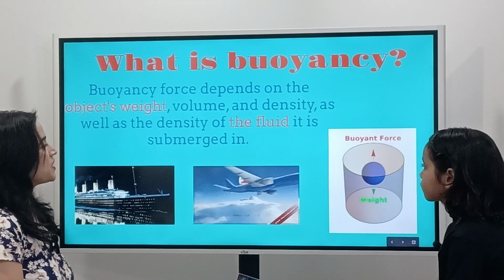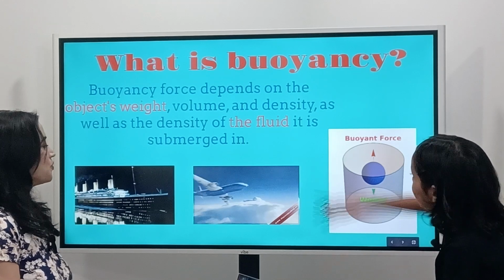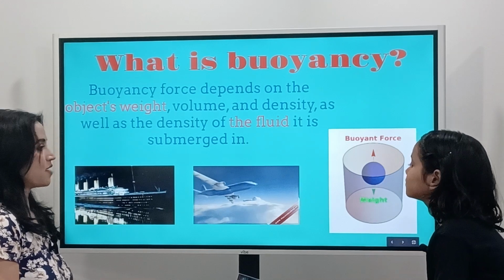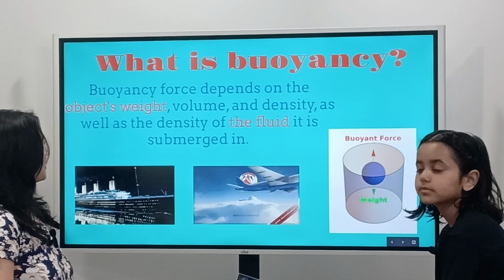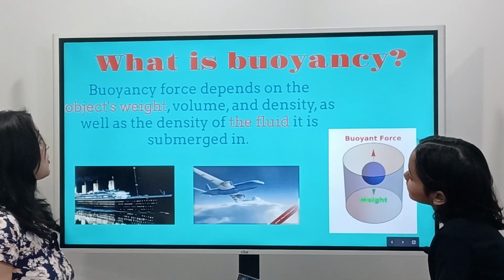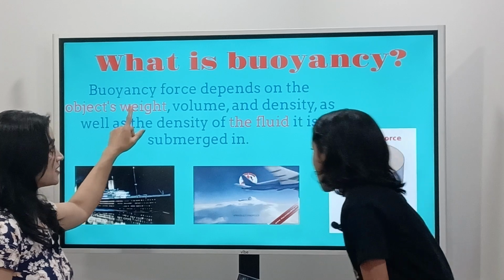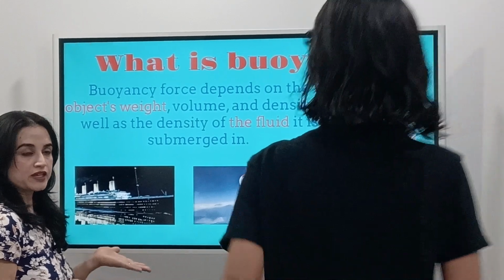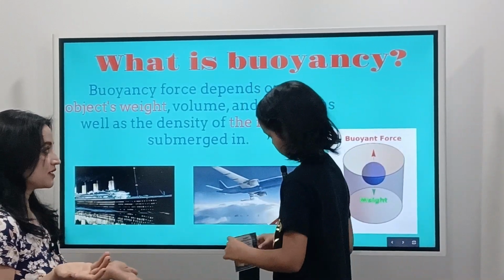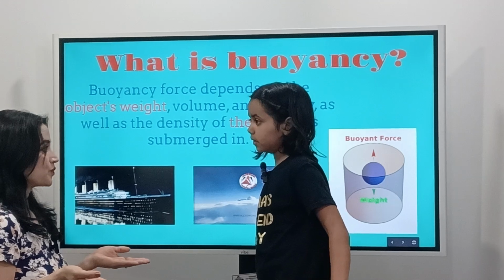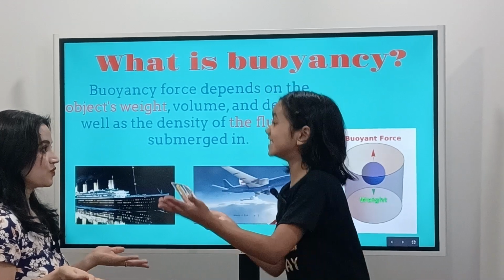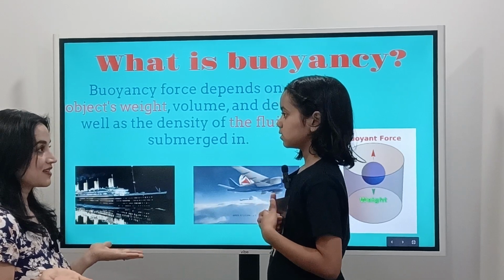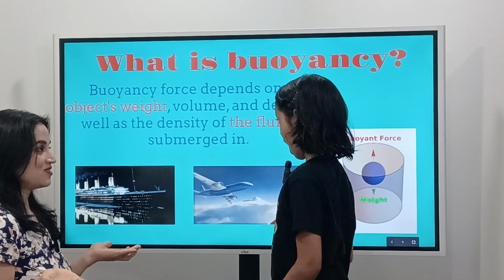So buoyancy force depends on the object's weight, volume, and density. You know weight. Weight means how heavy it is. The volume is how big it is. And density?